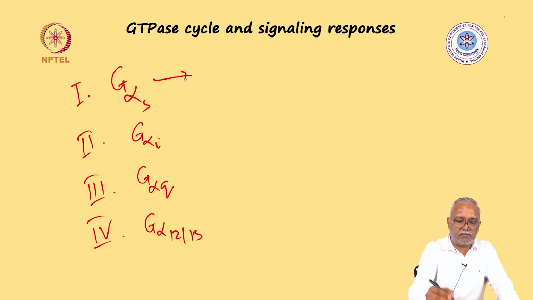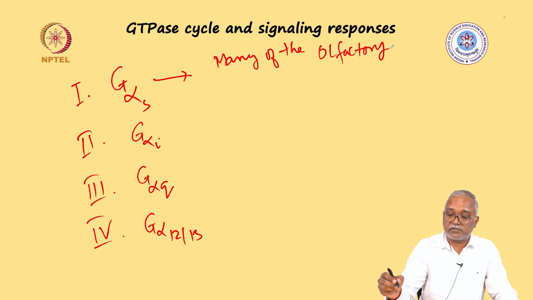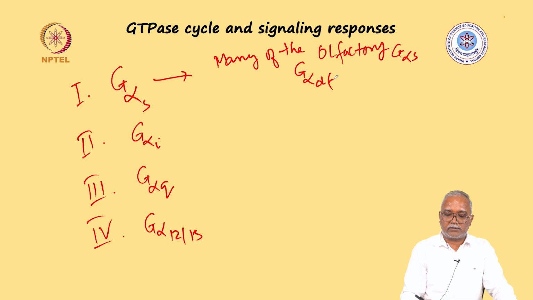Here we have seen multiple other combinations also, where many of the olfactory sensations, meaning what we smell around us to different ligands, are mediated by G-alpha-S. You can also see that some of these G-alpha-S are named G-alpha-olf, because they are involved in the olfactory sensation.